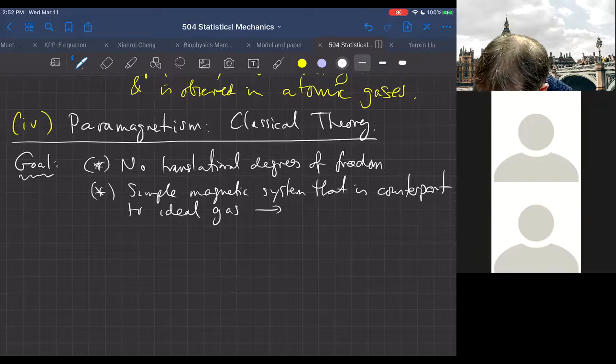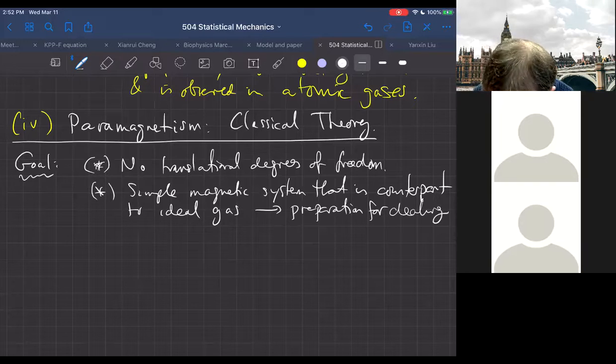And then this is a preparation for dealing with interacting spin systems.